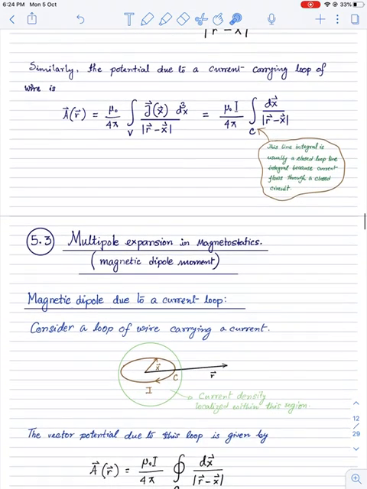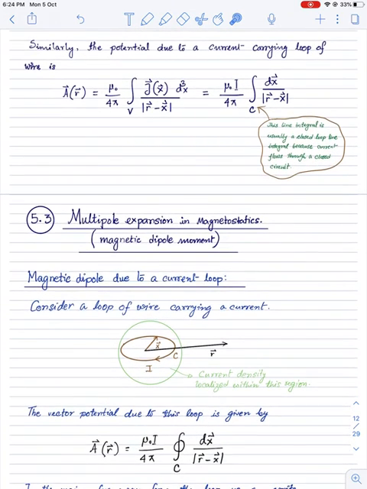Very good. So with this solution, now we want to play the same game as we played during multipole expansion in electrostatics. In electrostatics, there was a localized charge configuration, and we wanted to know the form of the potential and the electric field far away from it.